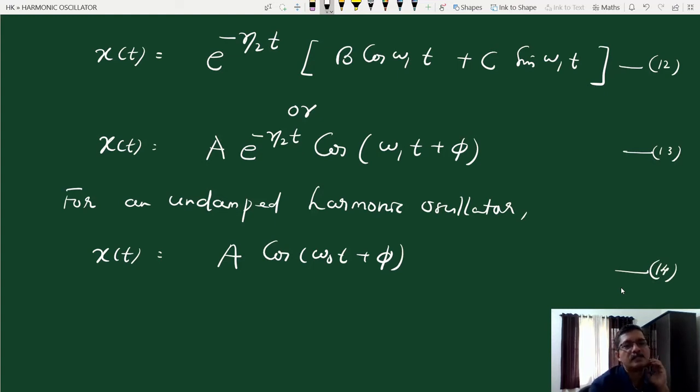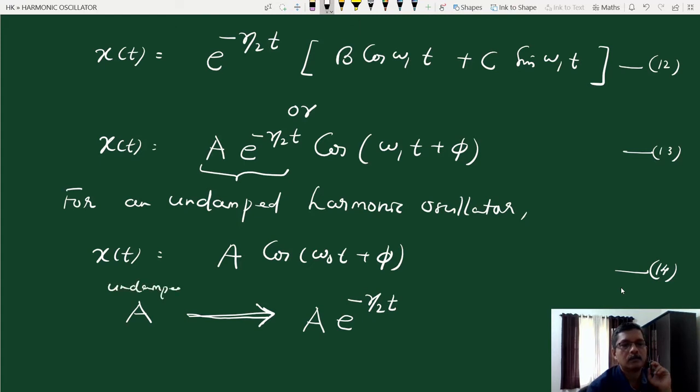One is that the amplitude for an undamped oscillator is constant. For a damped oscillator, amplitude exponentially decreases. Amplitude is A e raised to minus gamma by 2 into t. This is the amplitude for a damped oscillator. For an undamped oscillator, amplitude is constant.